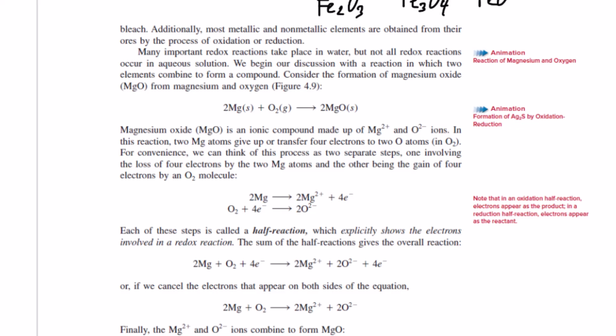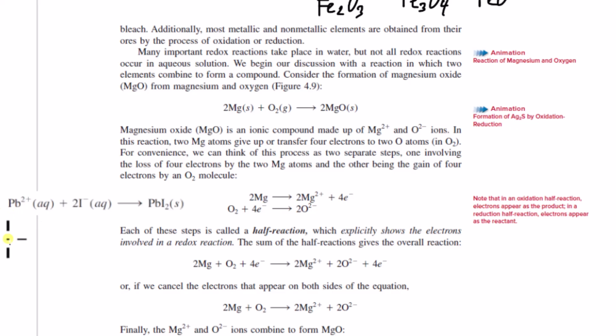Now, just to give you an example of this same kind of analysis for a precipitation reaction, here is the net ionic equation for a precipitation reaction resulting from the mixing of aqueous solutions of lead(II) nitrate and potassium iodide.